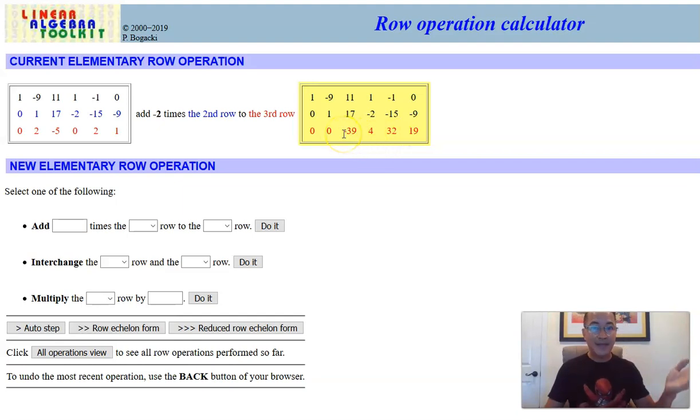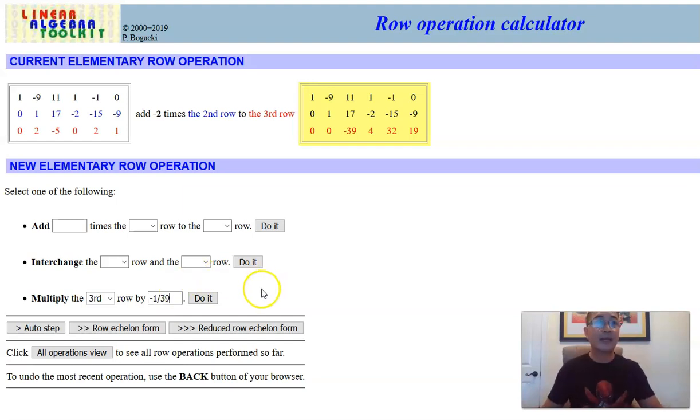Okay, now we have no choice but to divide the third row by -39. Okay, so we did see in the answer that there is a fraction all over the place. They're all fractions. So therefore, we will multiply the third row by -1 over 39.